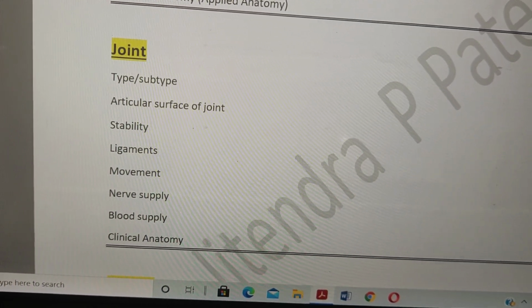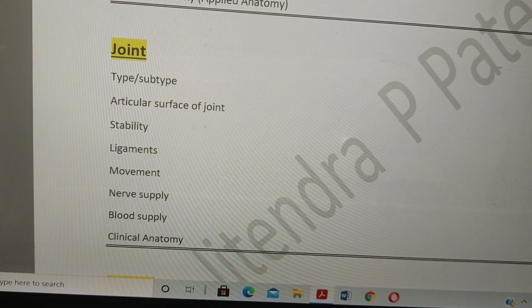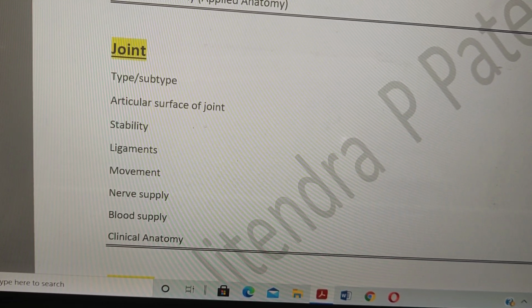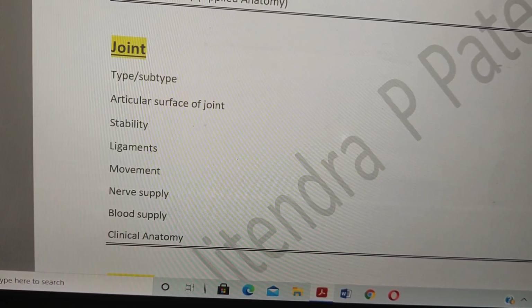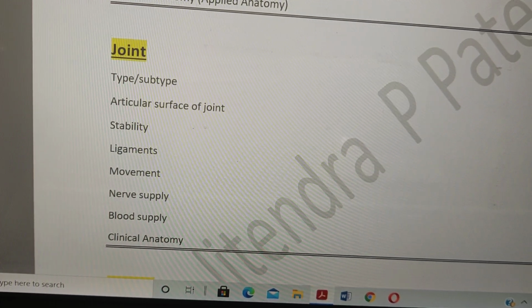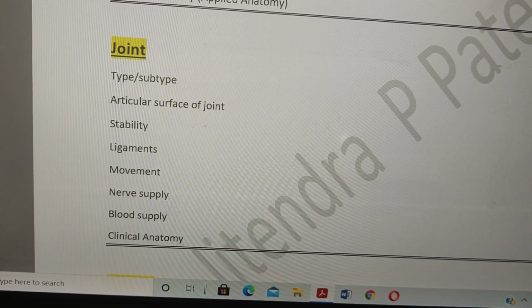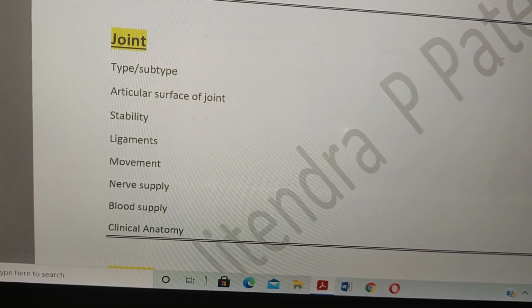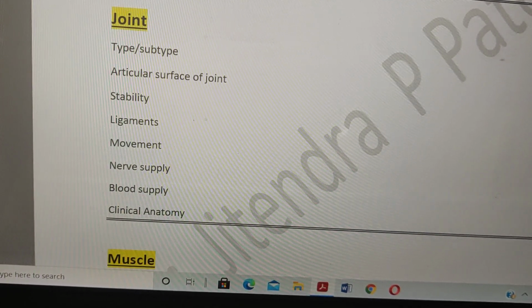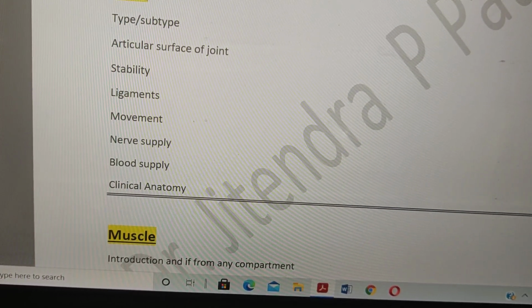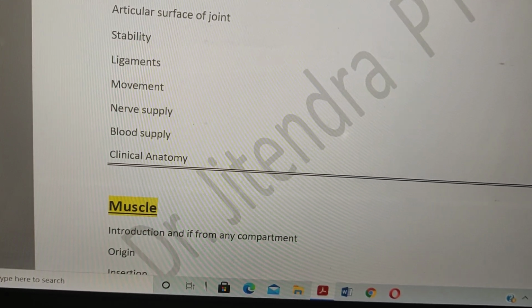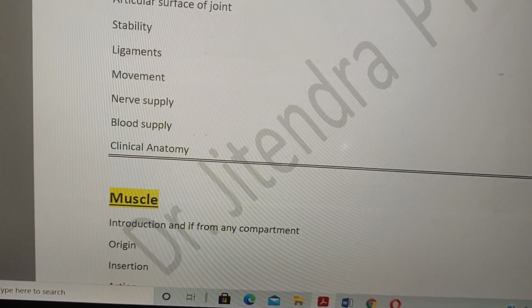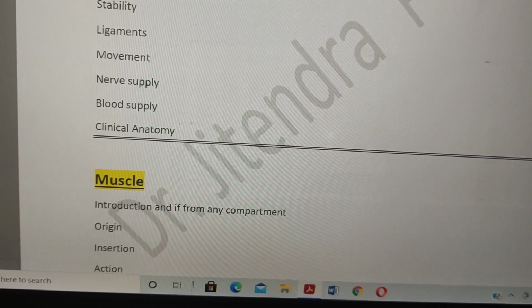Stability of the joint: the more stable a joint is, the less its movement; it is inversely related. Then the ligaments, movements, nerve supply, blood supply of the joint, and clinical anatomy. Under this heading, you have to write the short note on joints.